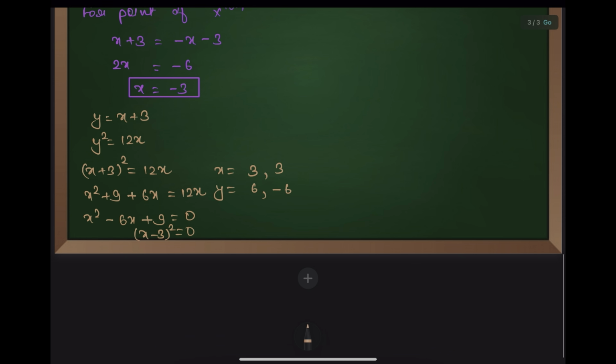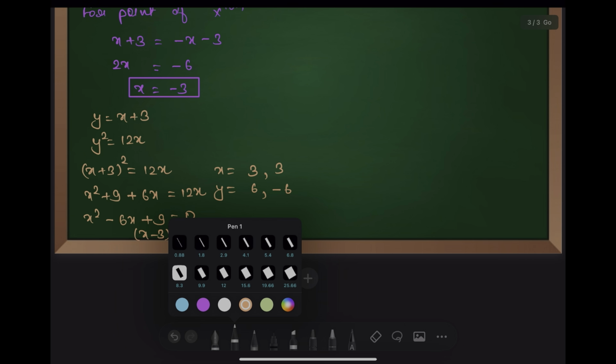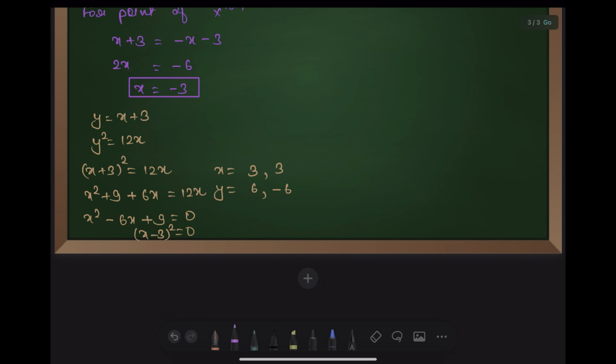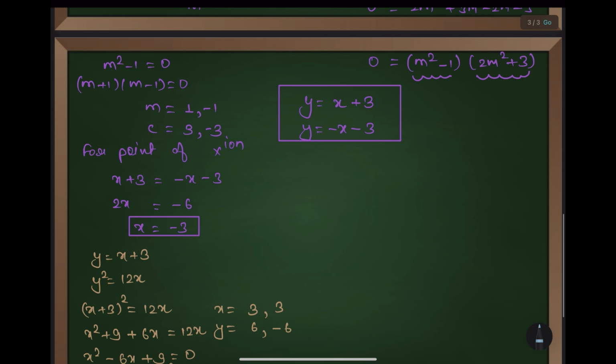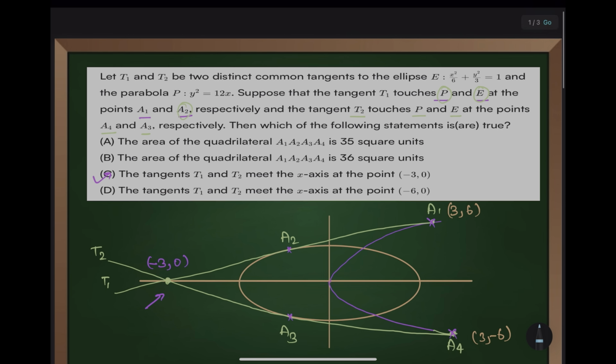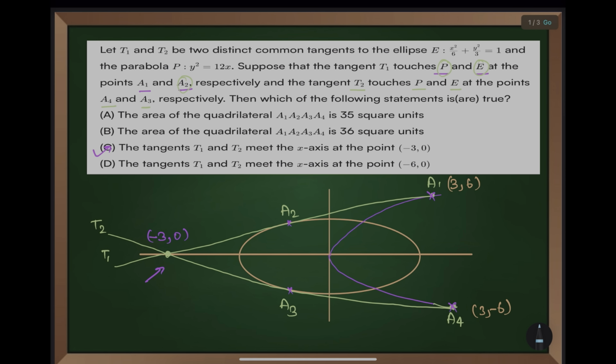Now I'll be solving the same tangent y equals x plus 3 with the ellipse x square by 6 plus y square by 3 equals 1. Okay, then I'll get which points of intersection? A2 and A3 we will get.